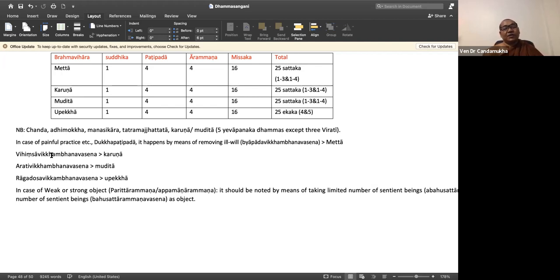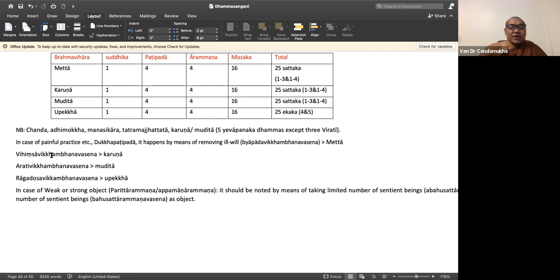Regarding Mudita, maybe in the following part we will have some more explanation. Here we can take note of arati vikambana. So it becomes a painful practice in removing arati, finding no delight in others' possessions and prosperity.